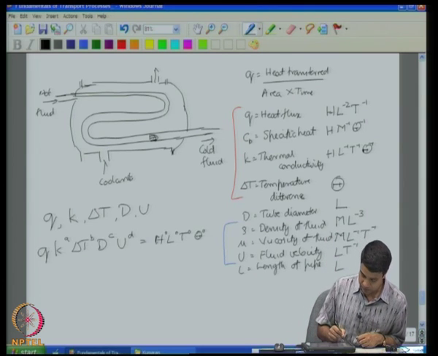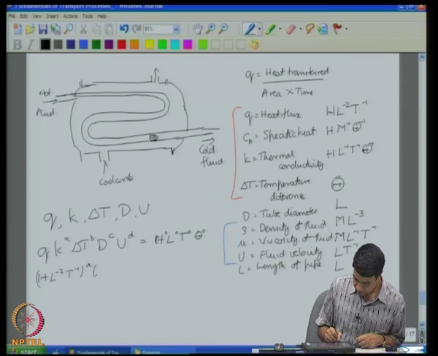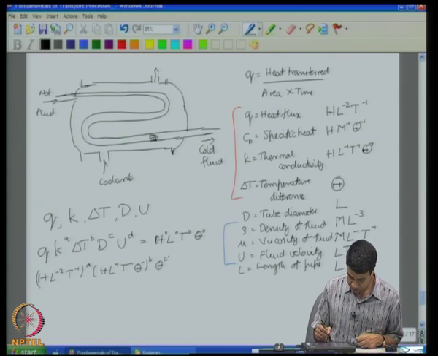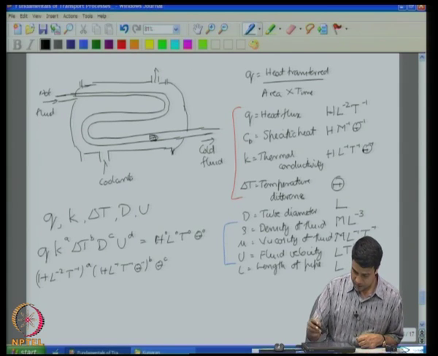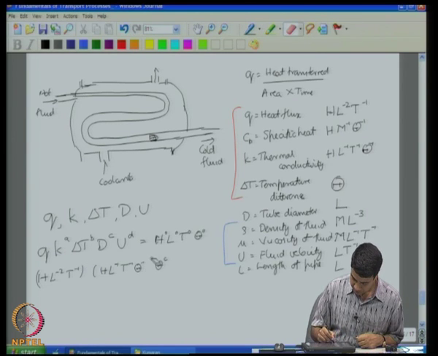So, this Q is equal to H L power minus 2 T inverse power A into H L inverse T inverse theta inverse power B, theta power B, L power C and L T inverse power D is equal to H power 0, L power 0, T power 0 and theta power 0.